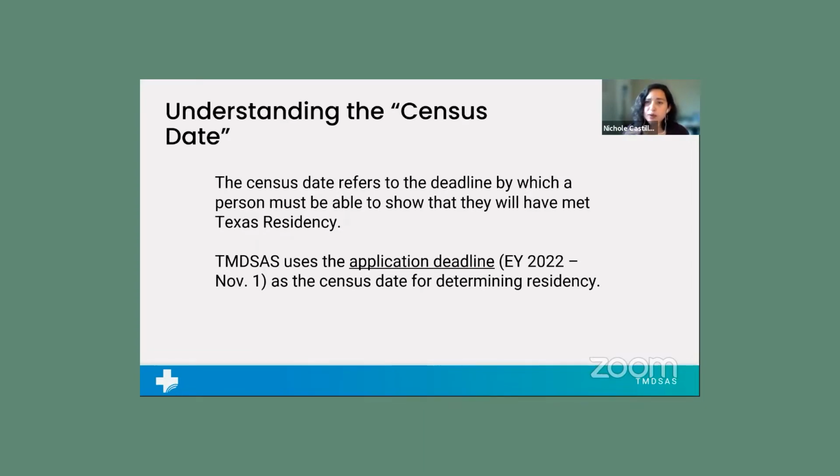So that's the way to look at those dates. Understand the key takeaway here is that the census date for TMDSAS is the application deadline. That doesn't mean, however, that we cannot make a residency determination prior to that date.